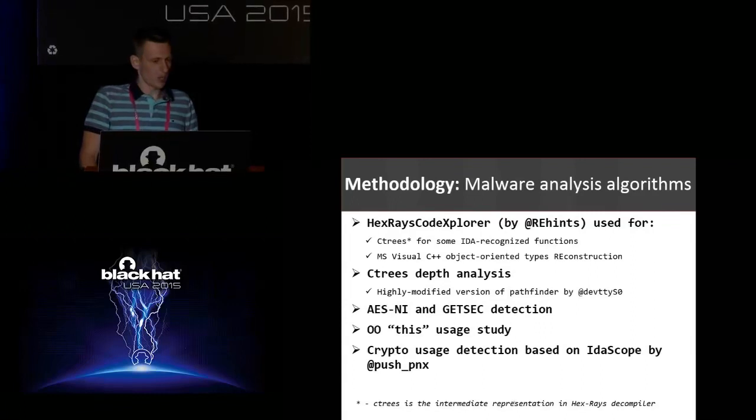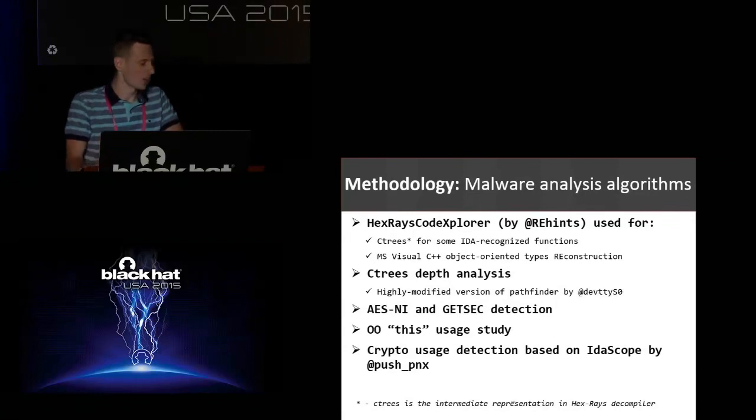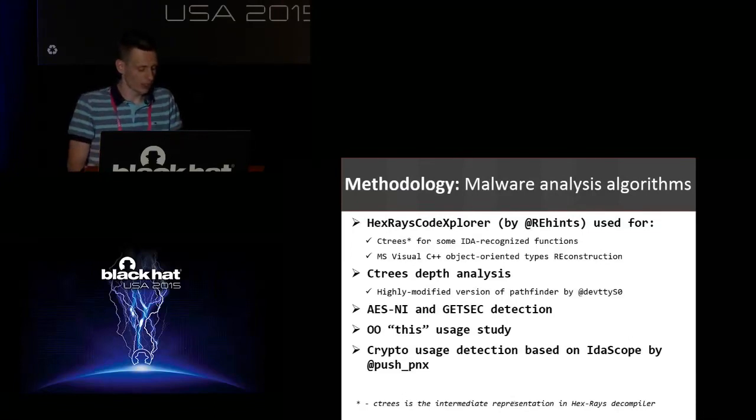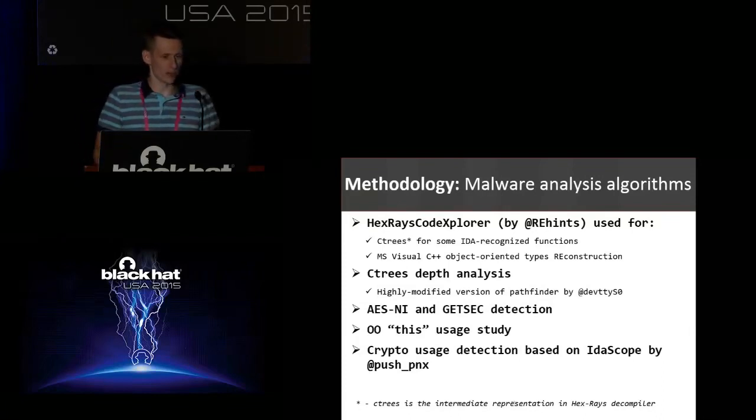We were also detecting and marking crypto routines, using AES hardware instructions and GETSEC detection. This is really interesting. For instance, GETSEC, to understand how much malware is actually using this instruction to detect a virtual execution environment and to evade it. Another topic we're covering here is the use of the this pointer in object-oriented languages.